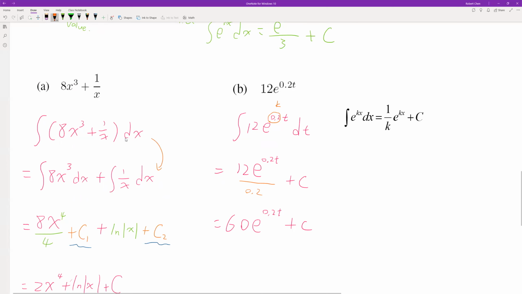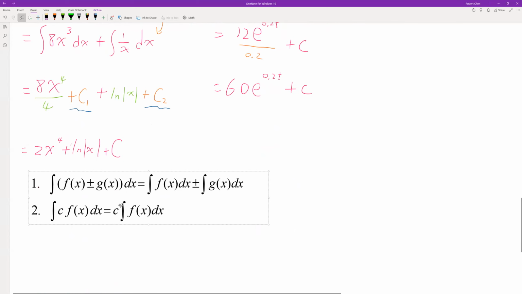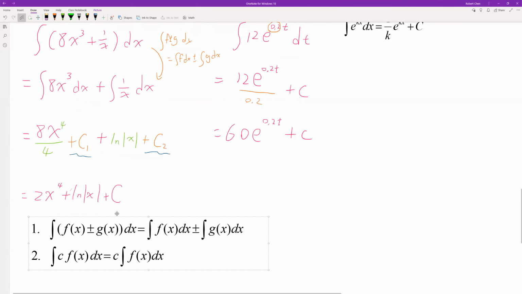So the integral of f plus or minus g dx is equal to the integral of f dx plus or minus the integral of g dx. And if you have some constant multiplying the function, then you can bring the constant out and integrate the function. So the constant in front of the function is not going to matter that much.